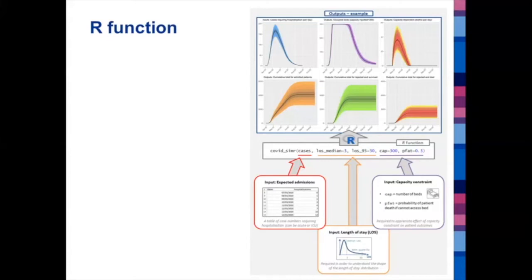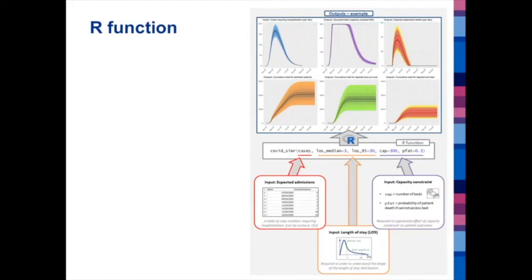And this is through the PFAT, which is the probability of fatality, patient death, if they cannot access the bed. So for acute, this might be quite a bit lower than intensive care, if we're assuming care would otherwise take place in the community.